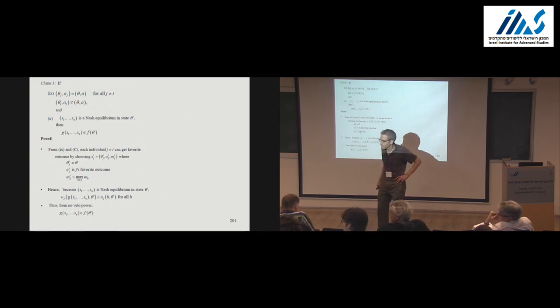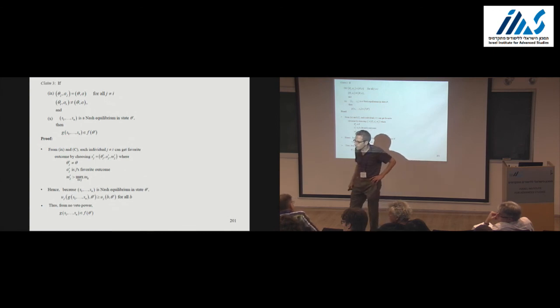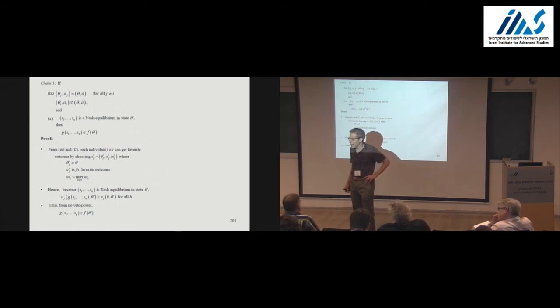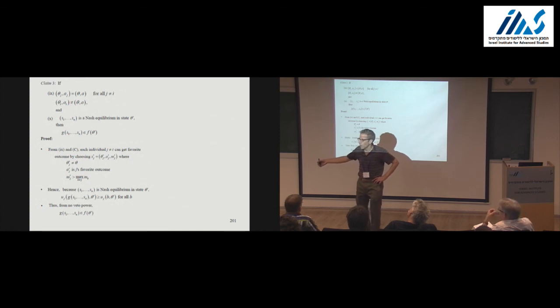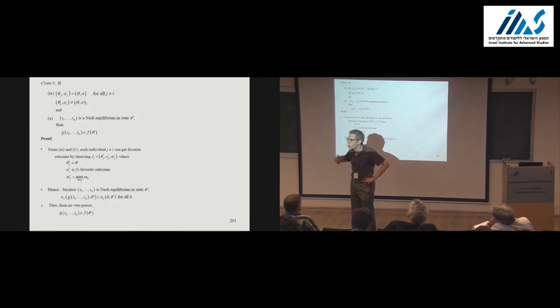Can I ask another question? Sure. Is the complete information assumption that they all know the state a simplifying assumption for the proof, or is it needed for the theorem itself? It's needed for the idea of Nash equilibrium. If you're going to predict what strategies other players are going to play, you don't have to know the state, but you have to know enough to be able to predict their strategies.